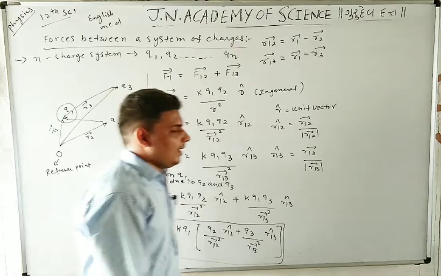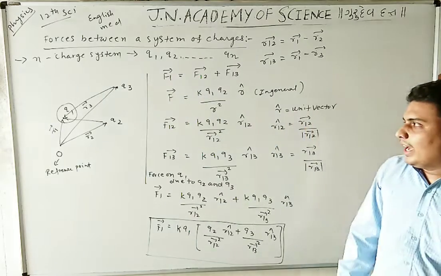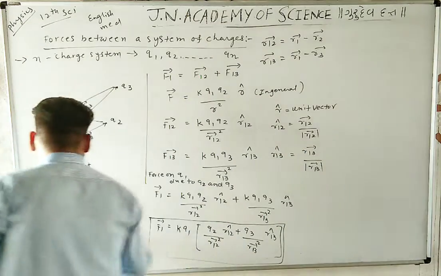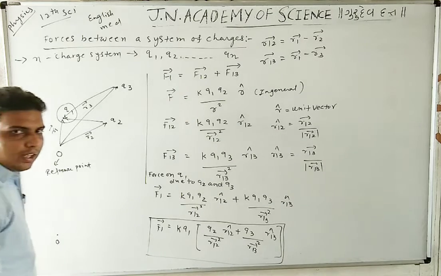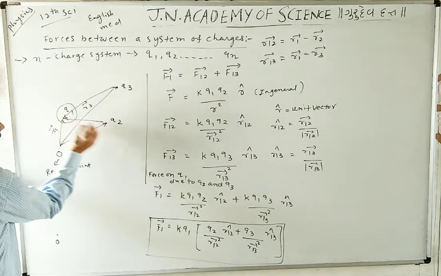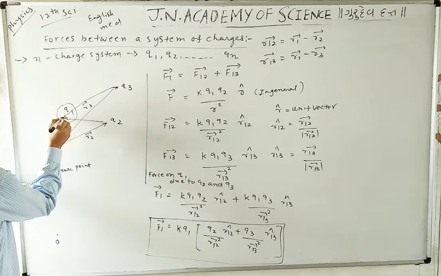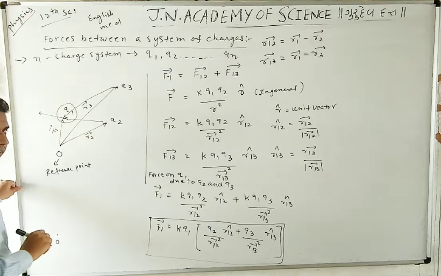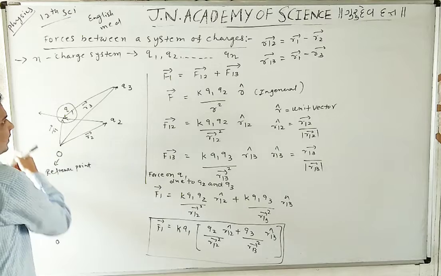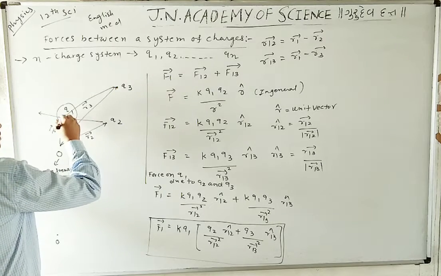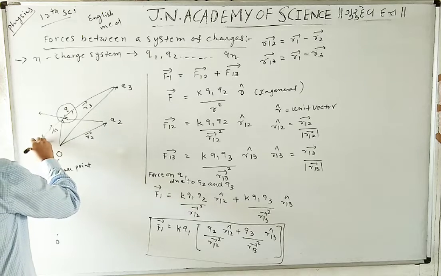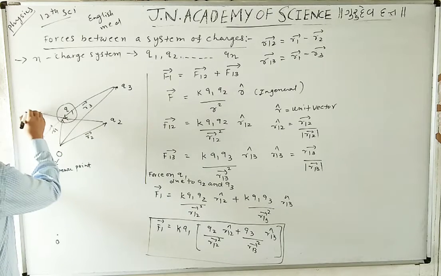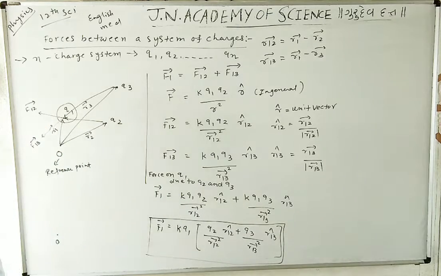But let us consider if we have an n charge system. With respect to the reference point, you have different forces. The direction of the force of Q2 on Q1 is in this direction, and of Q3 on Q1 in this direction. So this will be your F13 and this will be your F12.